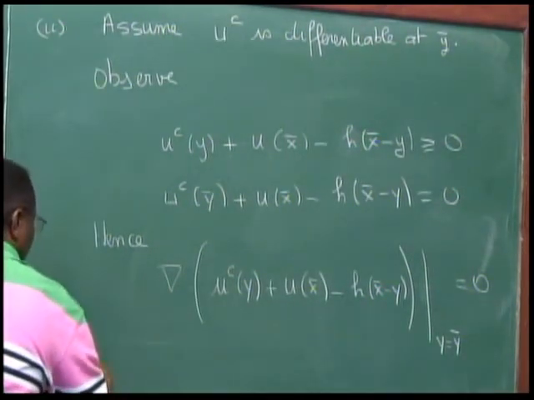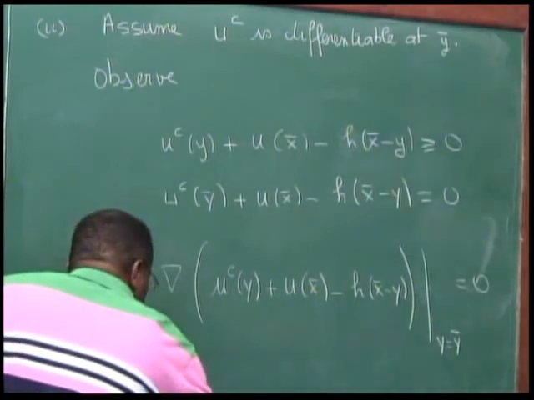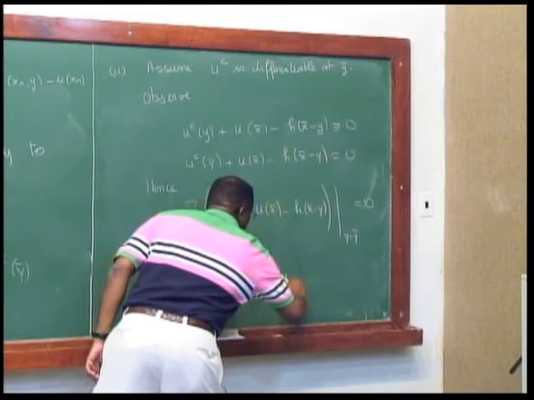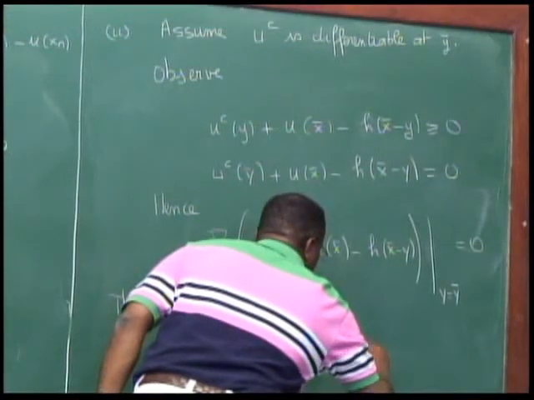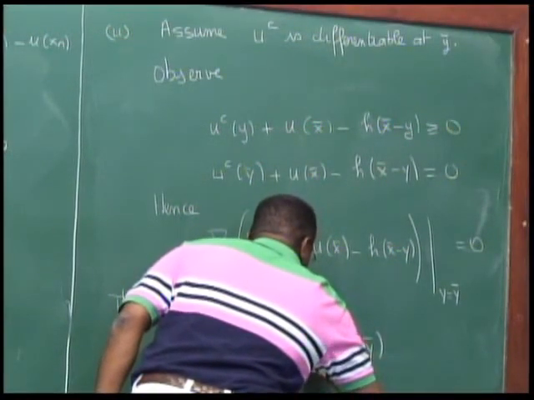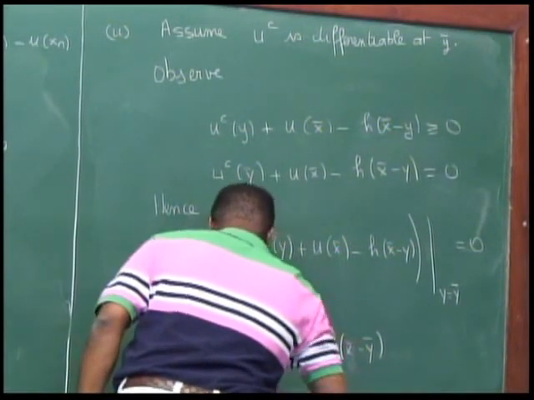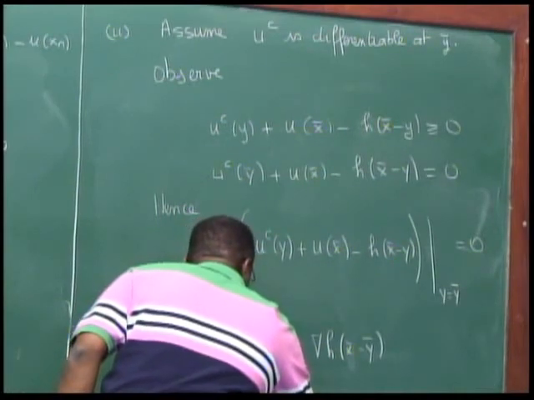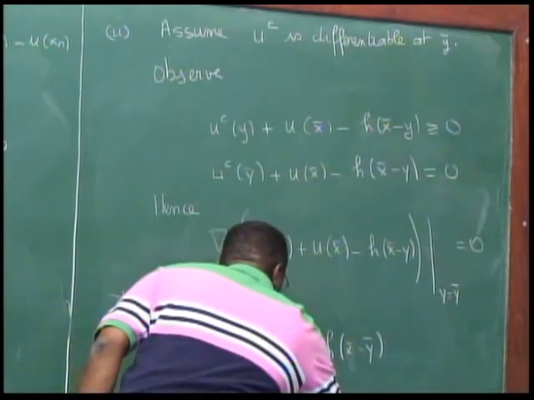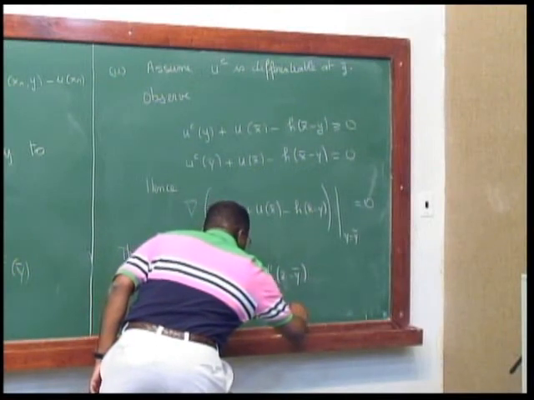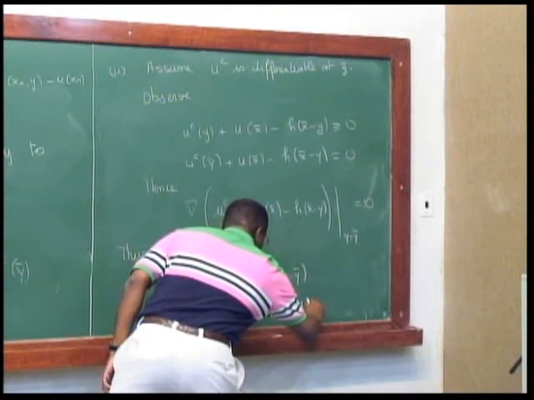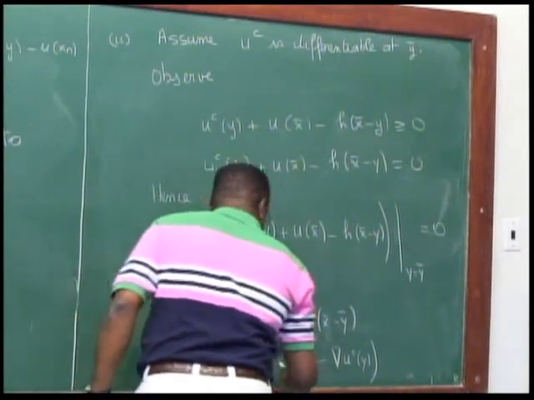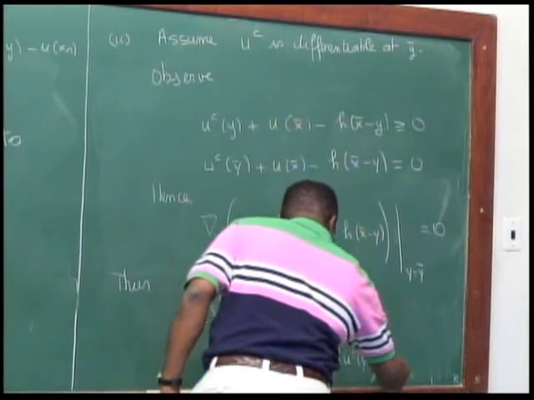Thus, the gradient of UC at Y bar equals the gradient of H at S bar minus Y bar with a negative sign, which I can write as S bar minus Y bar equal to the gradient of H star at negative gradient of UC at Y bar. And so S bar is uniquely determined.